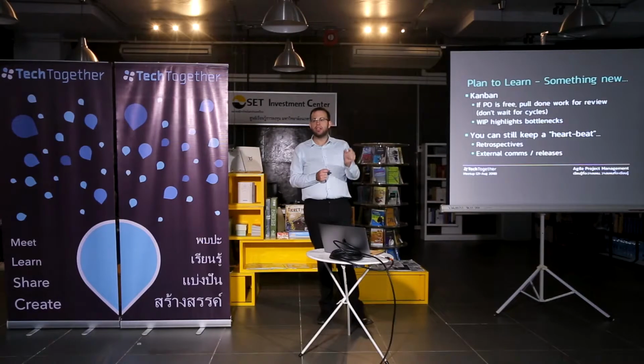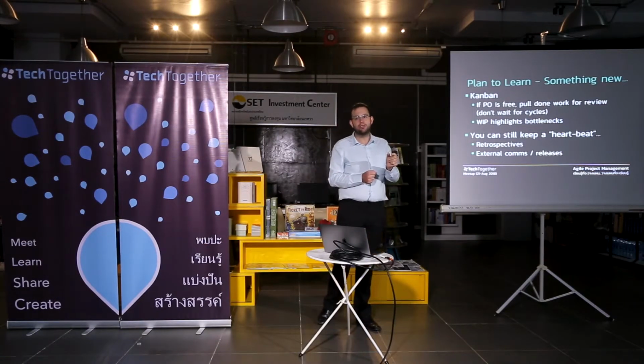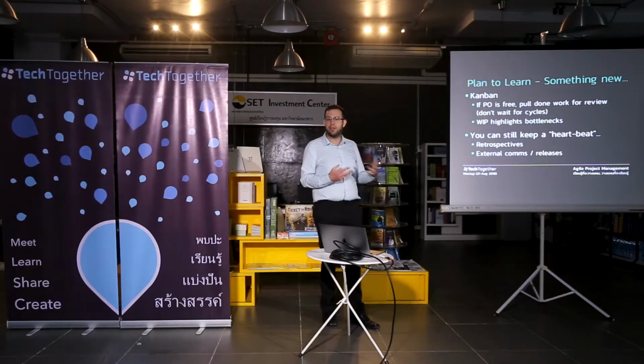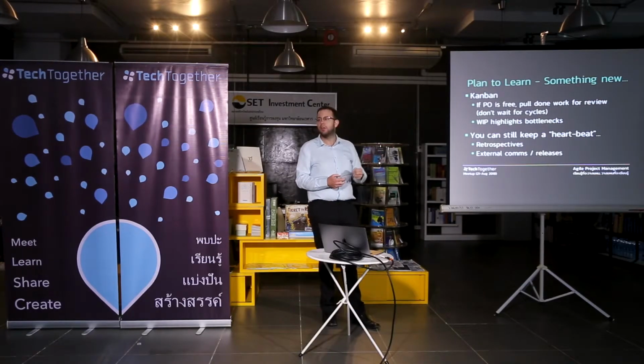So you don't need to wait till the end of 2 weeks to review a big block of functionality. If you make your requirements small, independent, vertical, verifiable, every time you finish one, you can hand it over and it can be tested immediately. Every time your product owner has availability, they can pull that work and verify they're happy with it.